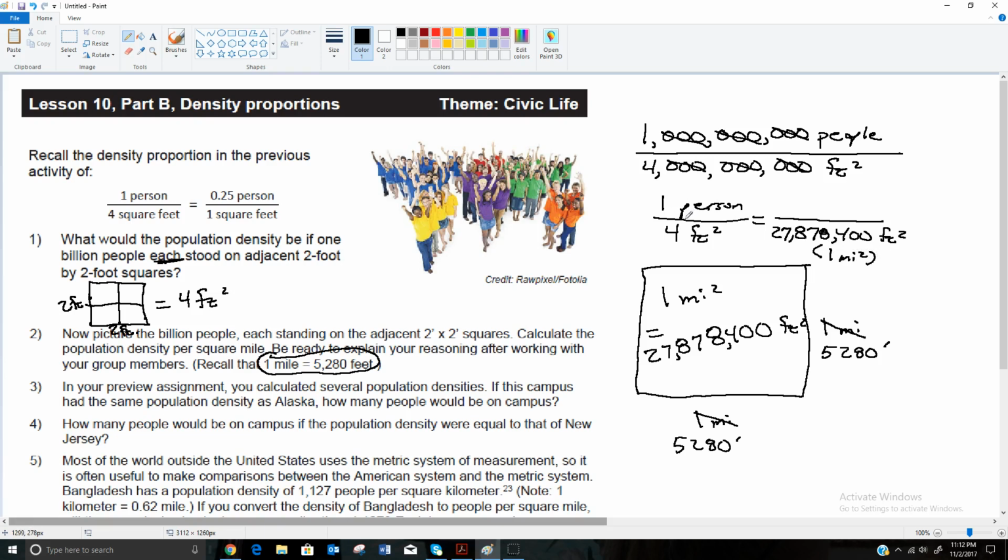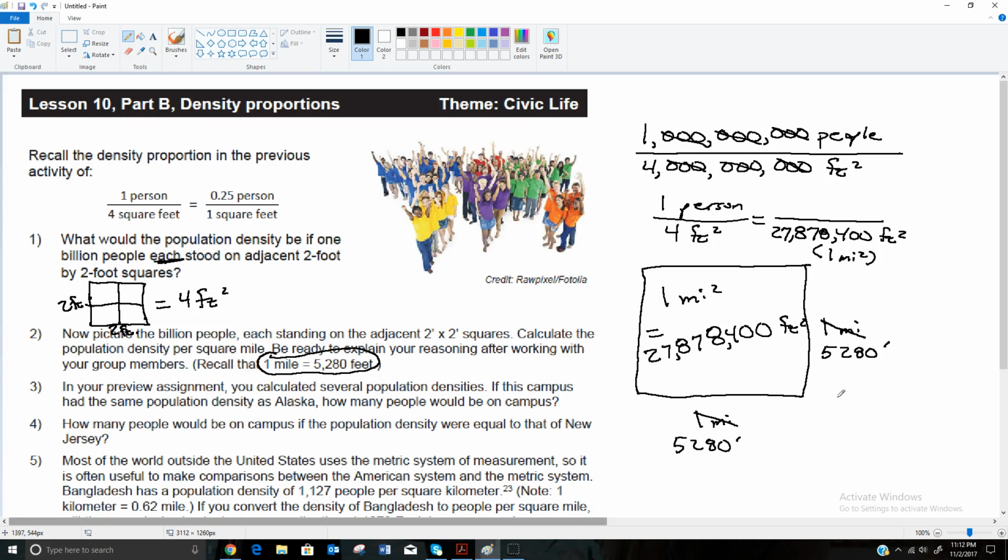In order to get from 4 to this, we have to figure out what 4 was multiplied by to get 27,878,400 as a denominator. So we take 27,878,400 and divide it by 4.